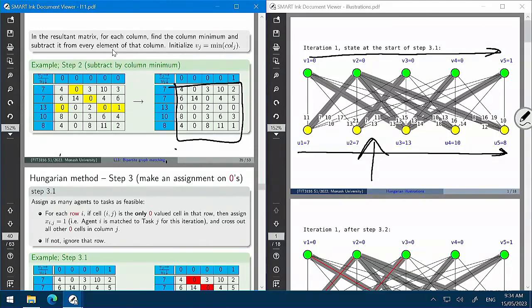So yellows are the rows, the greens are the columns. So take any thick edge. Let's take an edge like this, or maybe we'll take this edge. Okay, that edge.